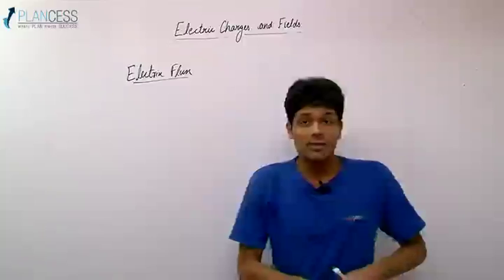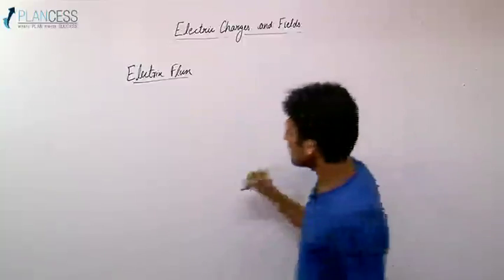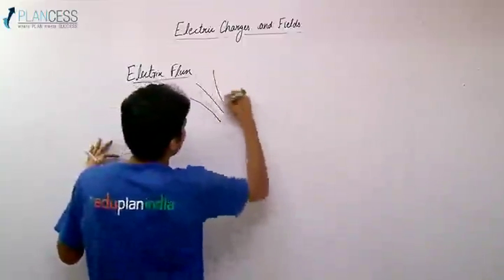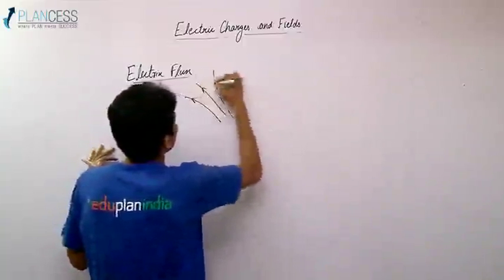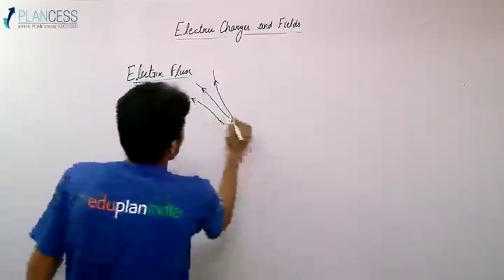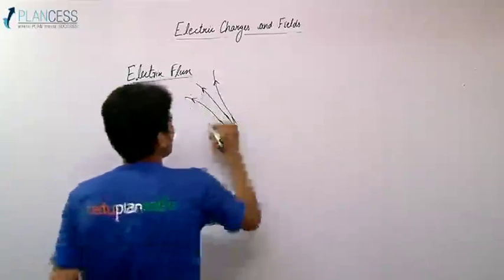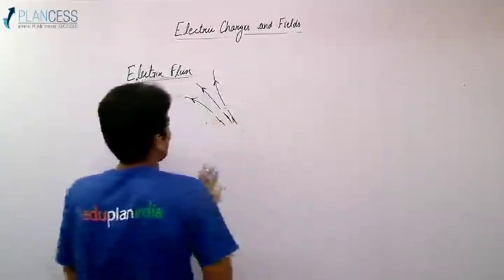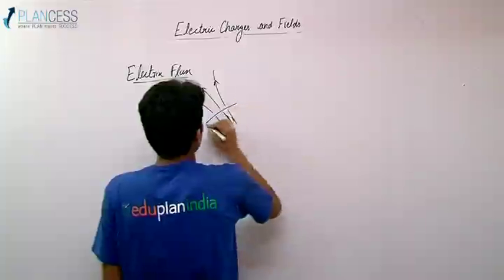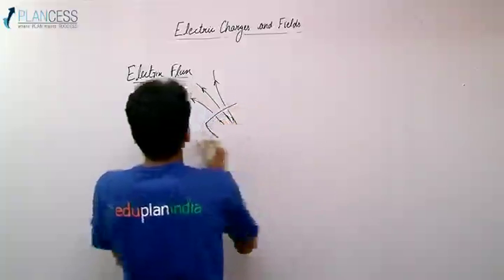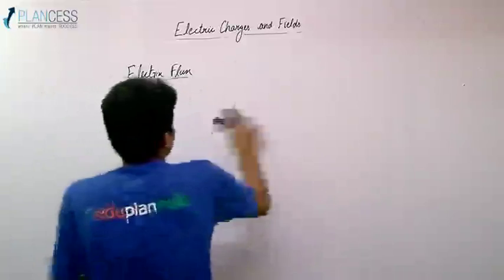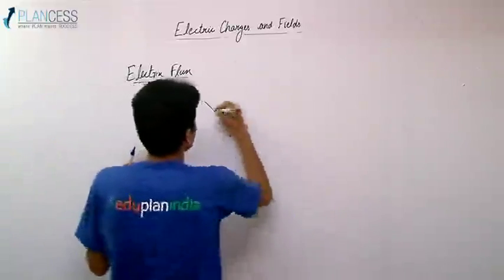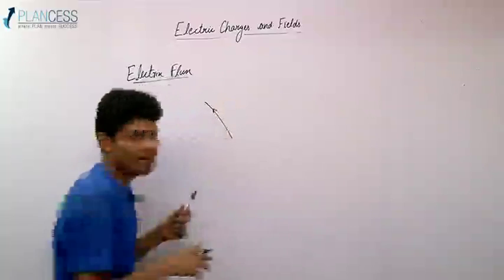After talking about electric lines of forces, let us say that these were electric lines of forces. Let me draw it in another color. Let us say this is one electric line of force.